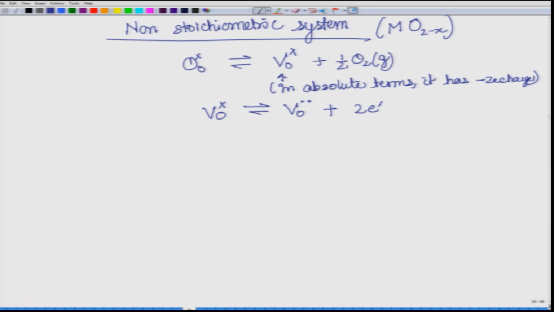So these are 2 electrons with negative charges that have gone into the conduction band of the system. So overall this reaction can be written as a vacancy at the oxygen site with 2 positive effective charge, with 2 electrons which are delocalized, plus 1/2 O2 gas.